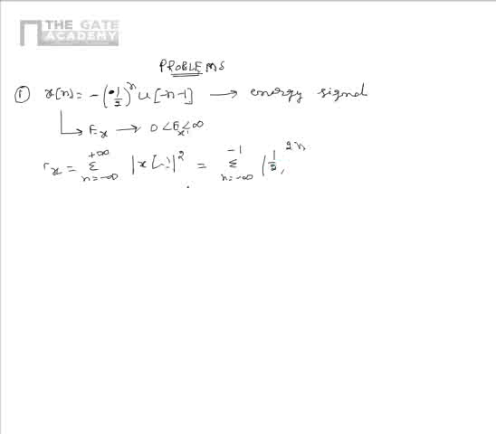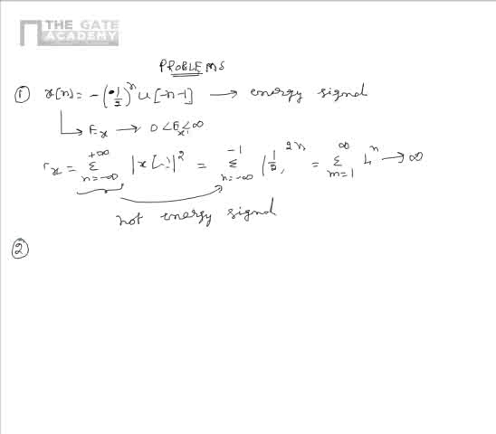This is the case because x of n is present only in the range minus infinity to minus 1. Hence, the range is modified for summation. This can be modified as sigma m equal to 1 to infinity 4 power m, which tends to infinity. From this, as the energy of the given signal is not finite, the given signal is not an energy signal.